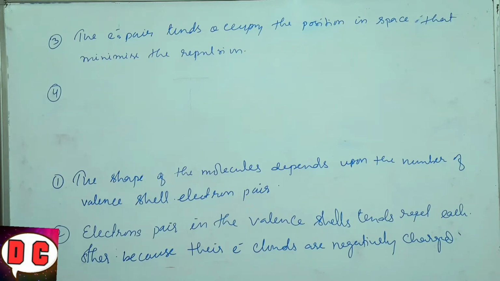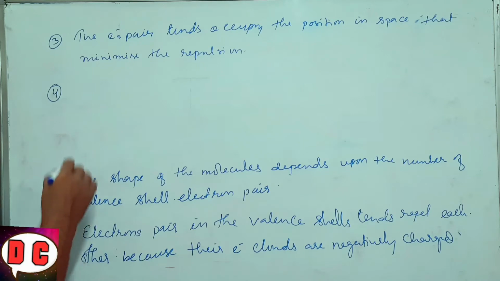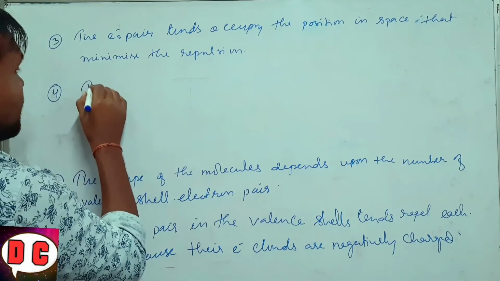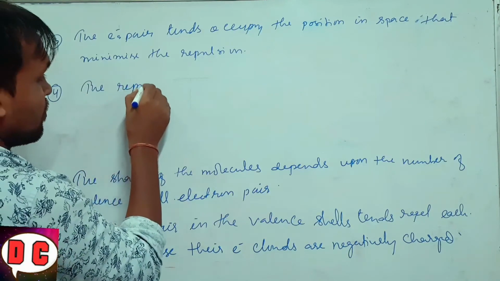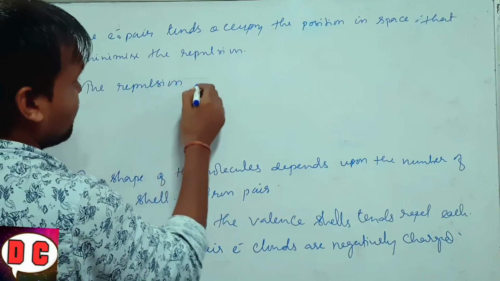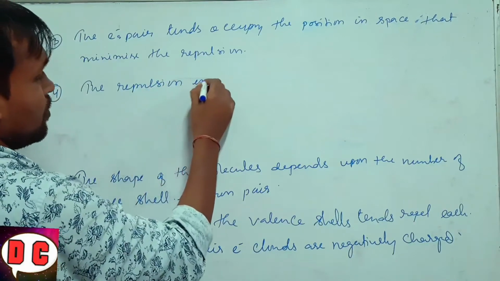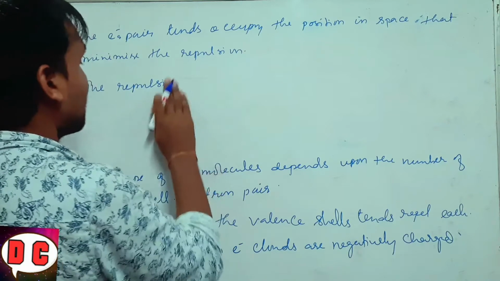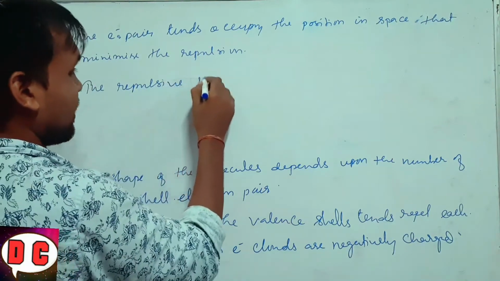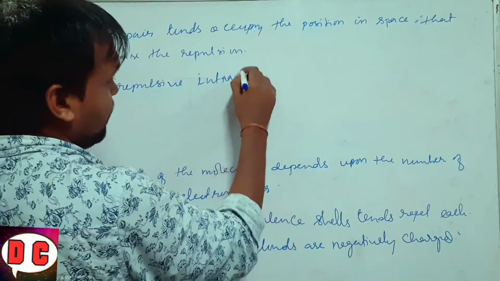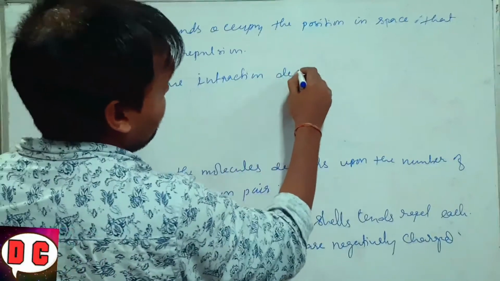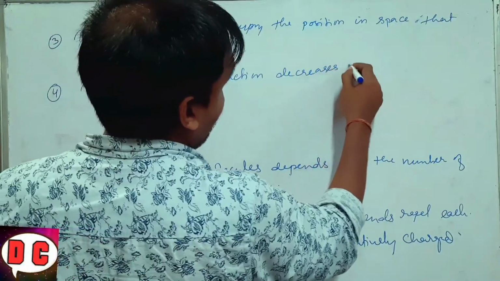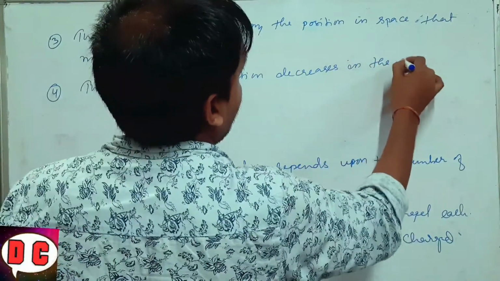the fourth point, the repulsive interactions decrease in the order.